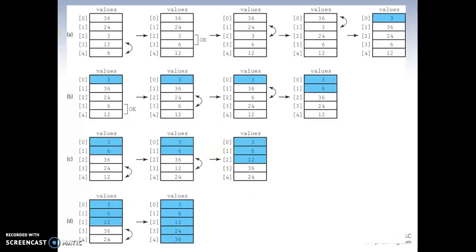Let's look at the pictures. So we just look through the array, find the smallest. Right.